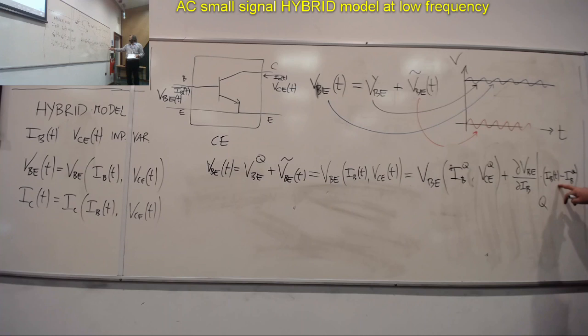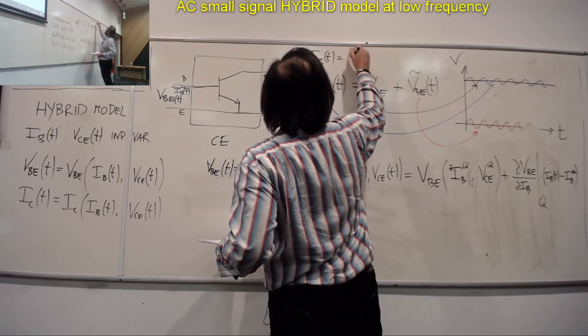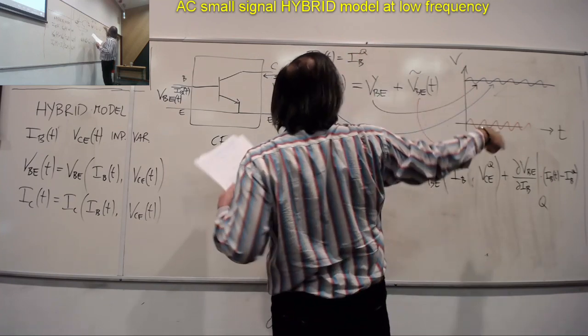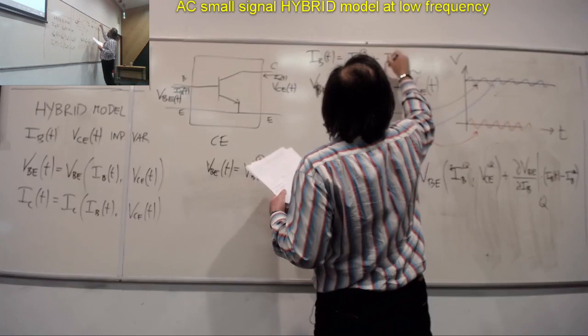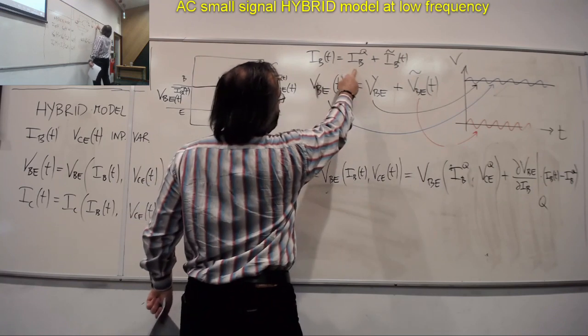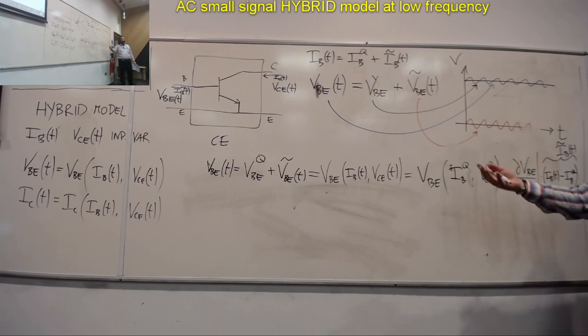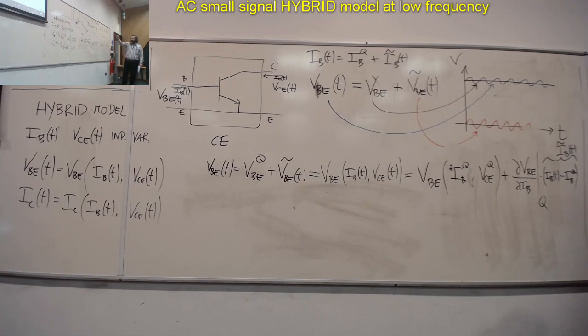But IBT minus IBQ, which is the DC component, is effectively the AC part. We said that IBT is IB, the DC part, which now we are indicating specifically with Q, plus IB tilde, the AC component. So IBT minus IBQ is IB tilde. So this quantity here is actually the AC signal. That's magic. That's the AC signal that we have now introduced into the process.